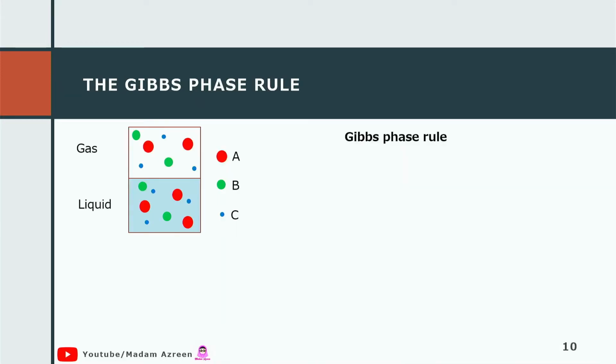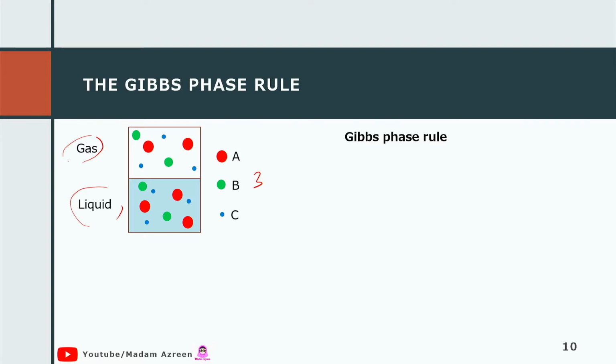The next thing to discuss is the Gibbs phase rule. Imagine in our system you have three species, A, B, and C, and you have two phases, gas and liquid. So how do you explain this system?